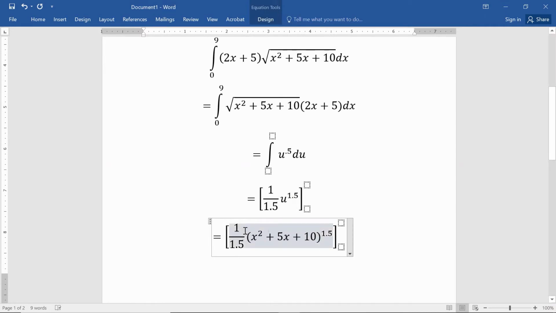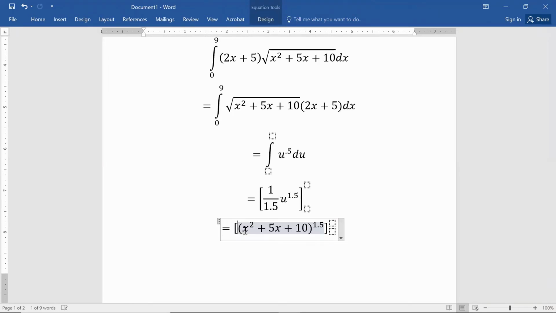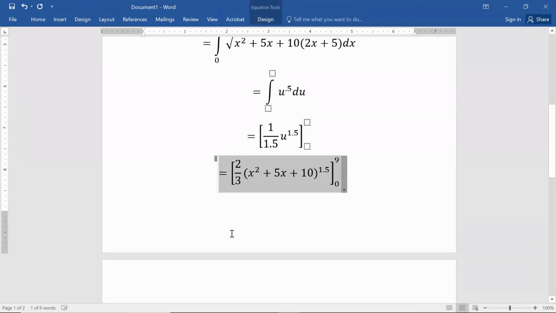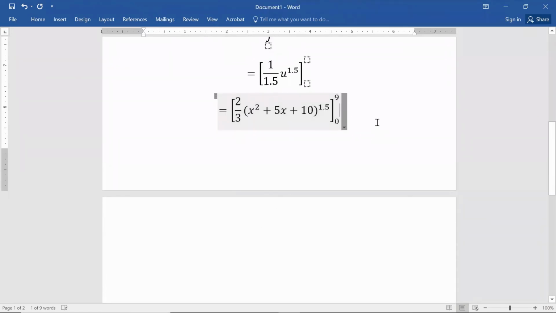By the way, 1 divided by 1.5 is 2/3. So I like writing that as 2/3 better than this. Because we go back to x, we can go back to using bounds of 0 and 9. At this point, we plug in our 9 and plug in our 0.